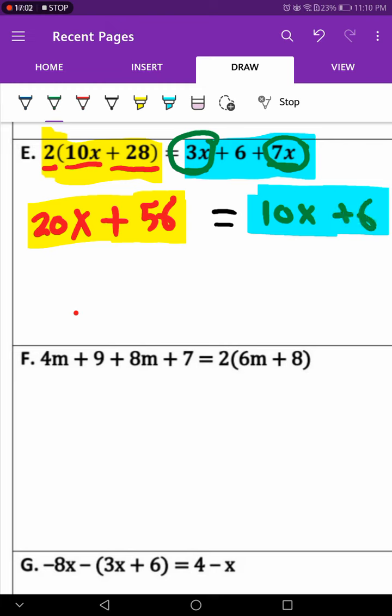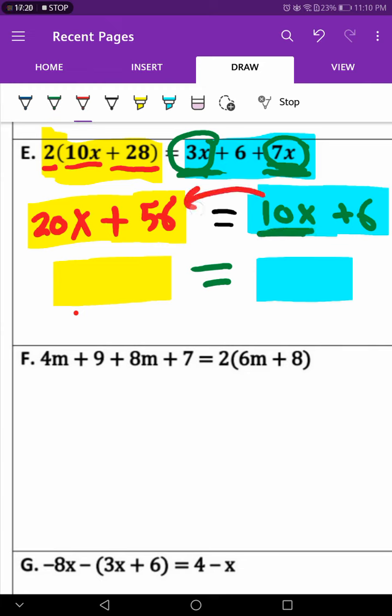Now when I have the same term or like terms in the same side, combine them to make your life easier. This is the left side and this is the right side and this is the equal sign between them. I will throw this to the left side. It will be negative 10x. But in the beginning I will write 20x. It is from the beginning.